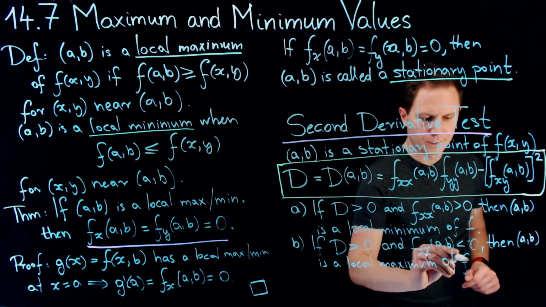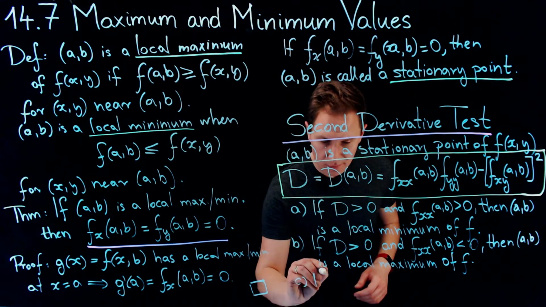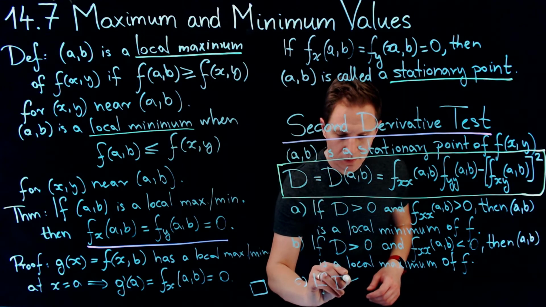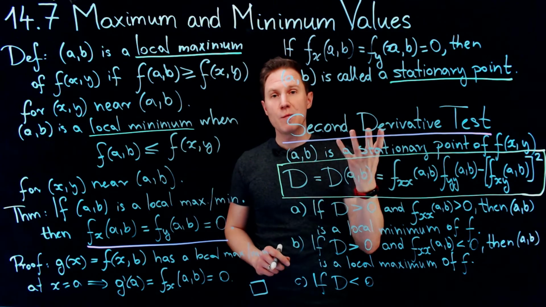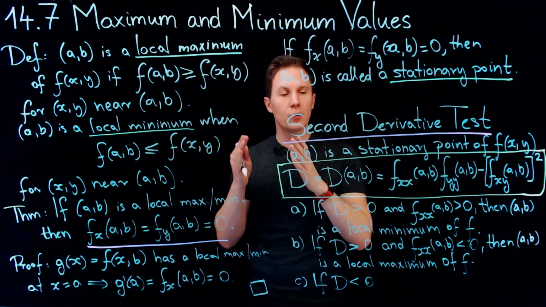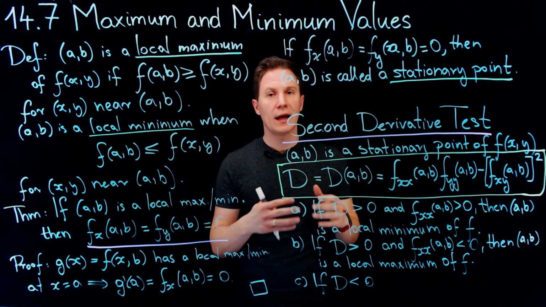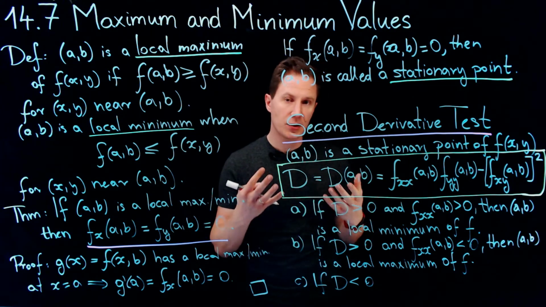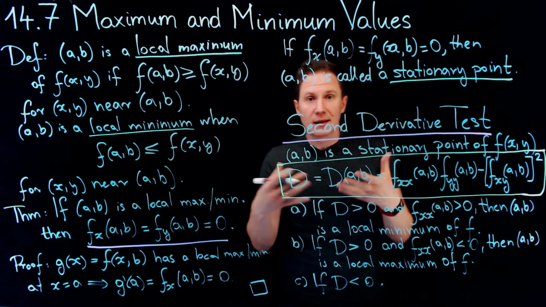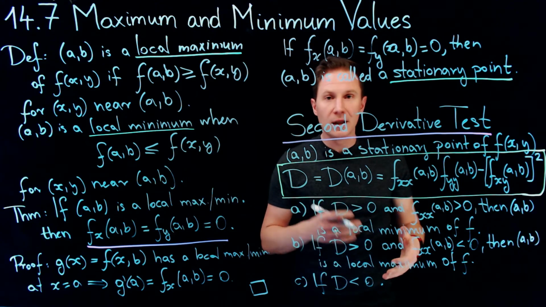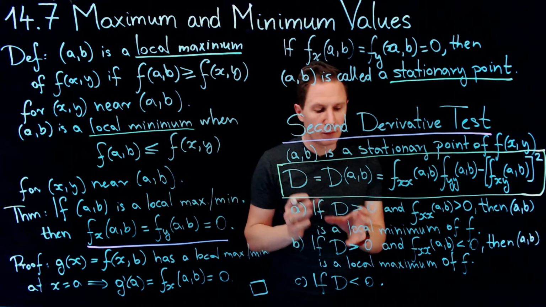And last, when this number is negative, we have a stationary point AB that is neither a local minimum nor a local maximum, but what's called a saddle point. This is a new kind of stationary point which is not a local minimum or a maximum, so it's not maximal, not minimal in the neighborhood of that point.